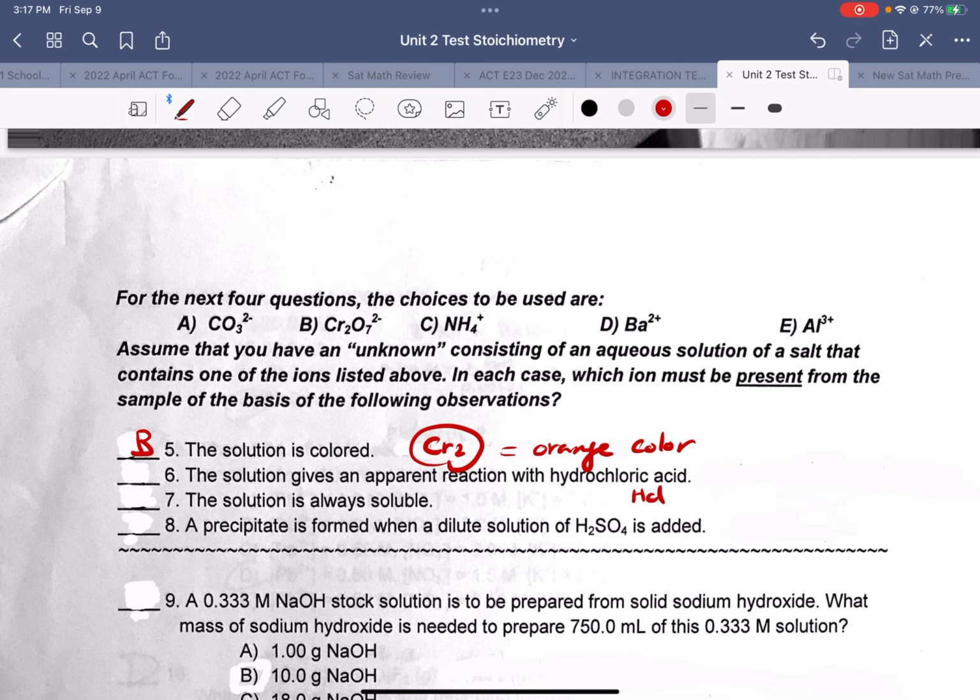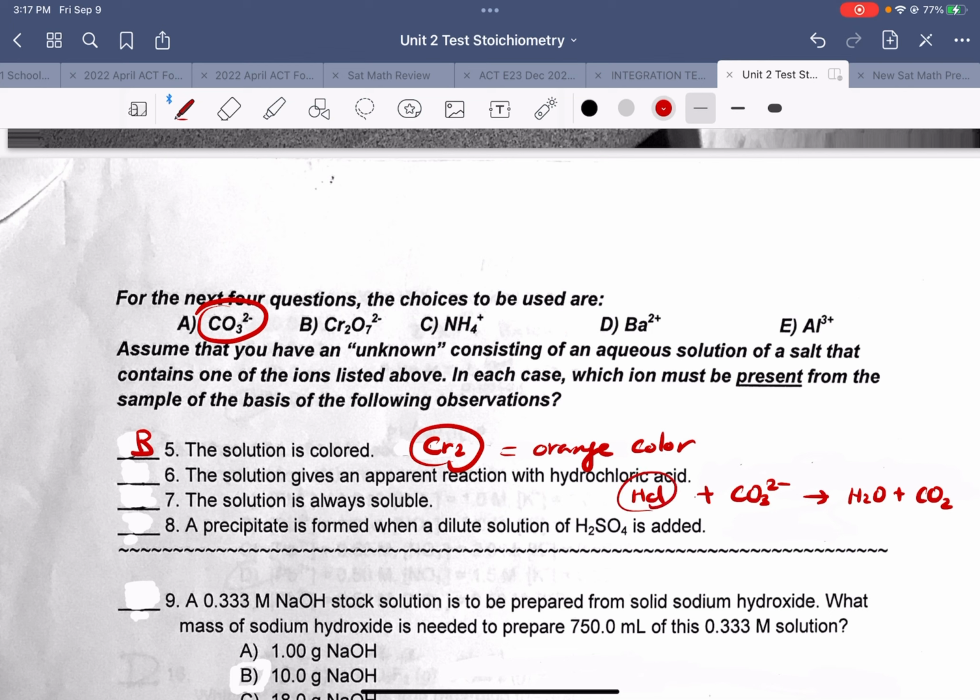Is it the carbonate ion? So this one plus carbonate ion, you're going to have H2O plus CO2. With the carbonate ion, it reacts.